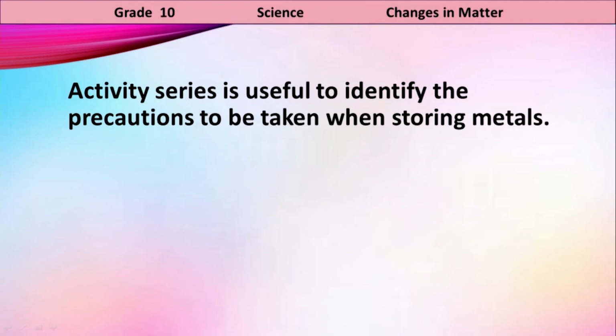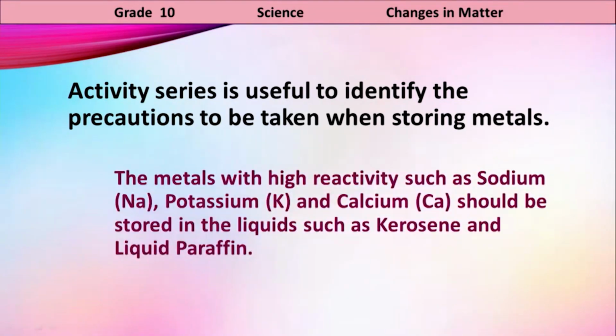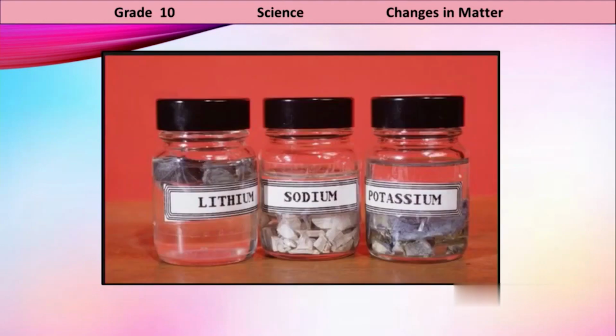If we consider higher reactivity metals, we discussed earlier how they are stored. Metals like sodium, potassium and calcium are stored in liquids such as kerosene and liquid paraffin because of their higher reactivity. Here you observe the picture where lithium, sodium and potassium are stored inside bottles with kerosene or paraffin wax.